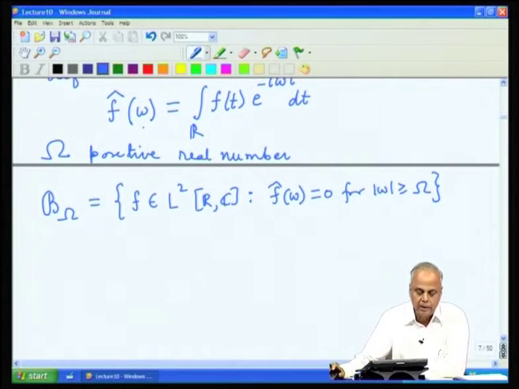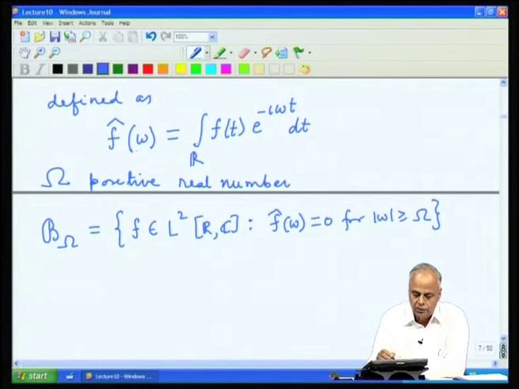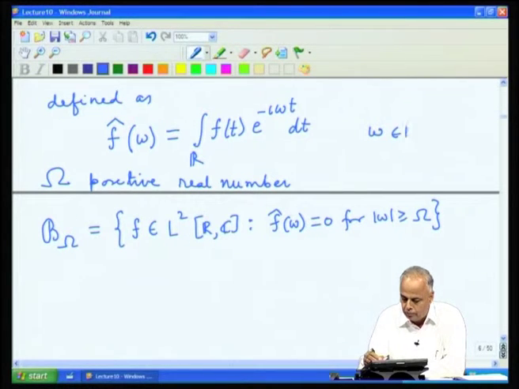Here omega is again a real number. This function we take as defined for all omega belonging to R.